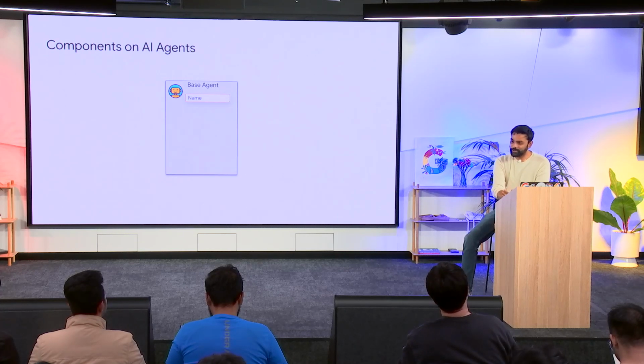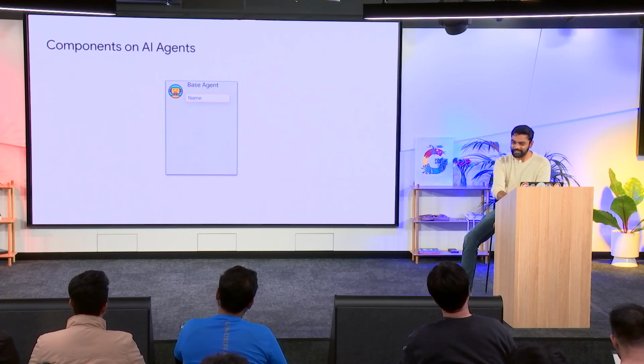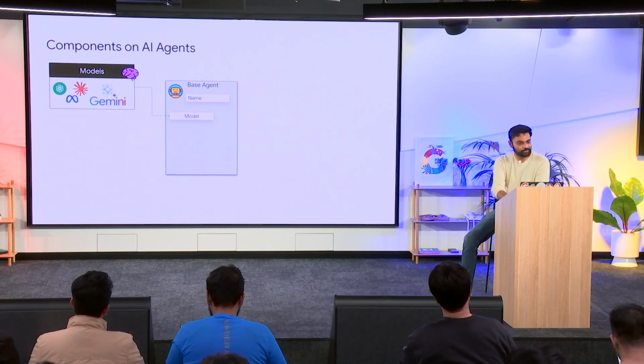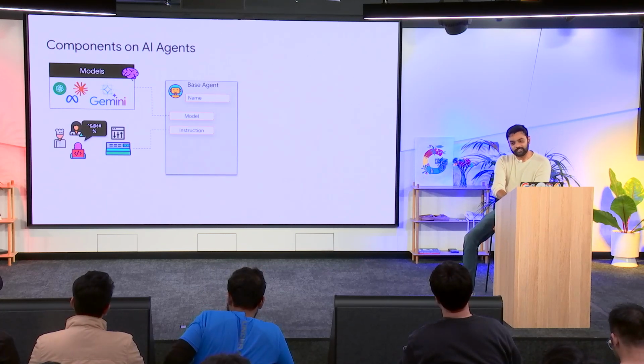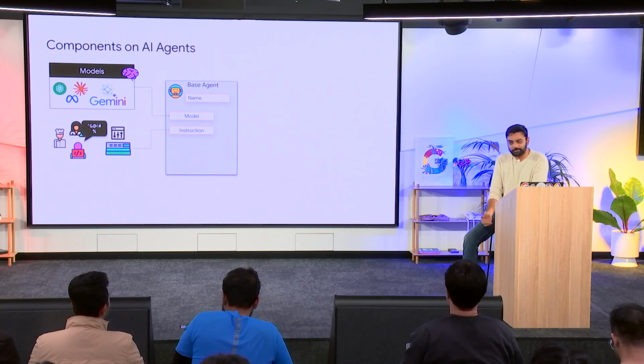What are the components of an AI agent? It needs an LLM, right? Everyone's talking about Gemini, ChatGPT, all of that. So it needs a model behind it to power the reasoning, the logic, and the communication with the user. It also needs instructions, right? What is it supposed to do?